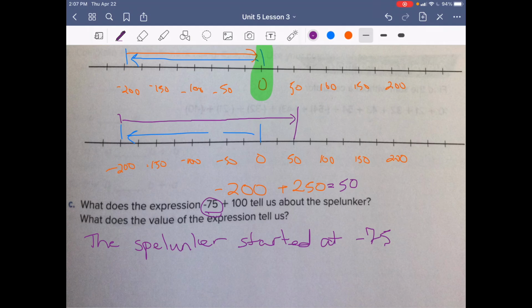And then we are adding 100. So what does that tell us? It means they went up 100 feet.